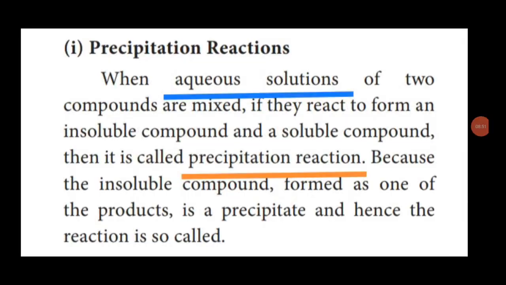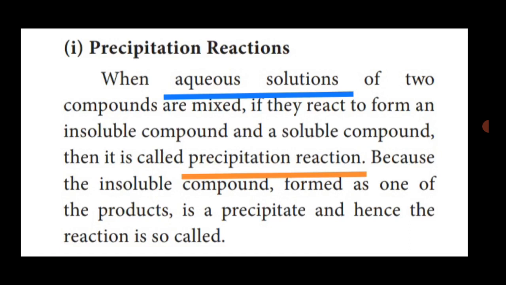When aqueous solutions of two compounds are mixed, if they react to form an insoluble compound and a soluble compound, then it is called the precipitation reaction, because the insoluble compound formed as one of the products is the precipitate. Hence it is called precipitation reaction.